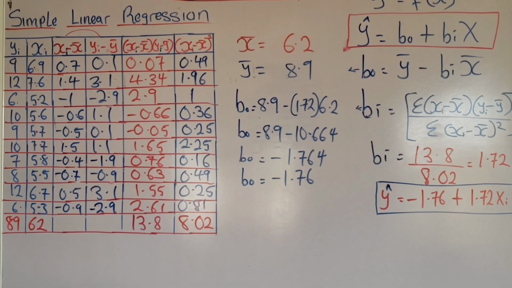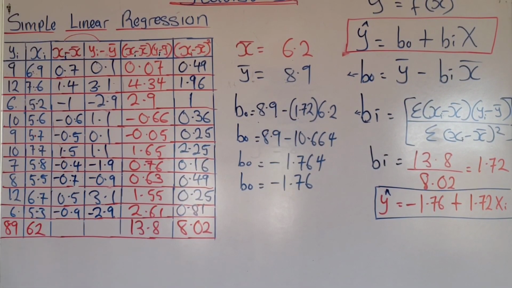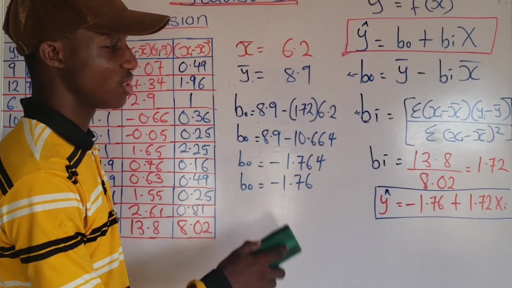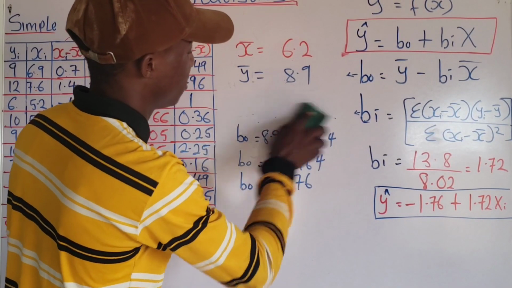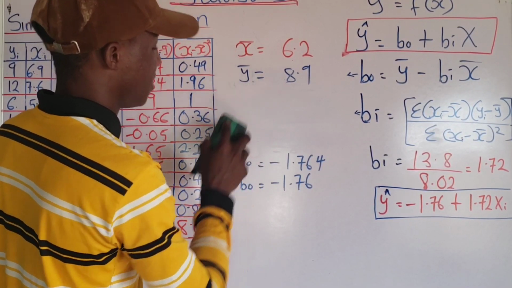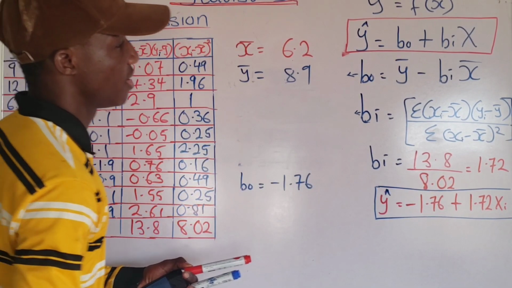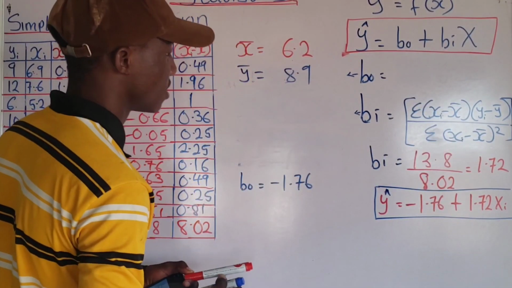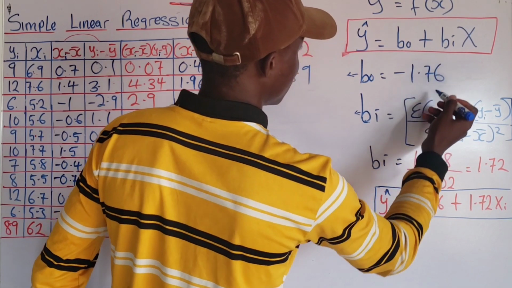I'm going to erase this solution. I'm very sure you've written all this. If you have not, quickly write it. So we've gotten our, let me write it here. The b naught, which is the intercept, is negative 1.76.